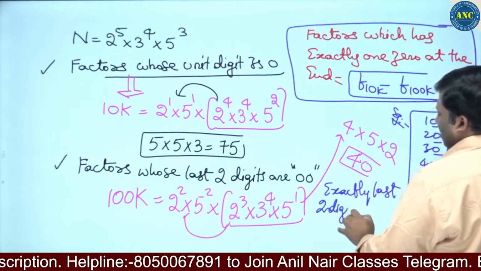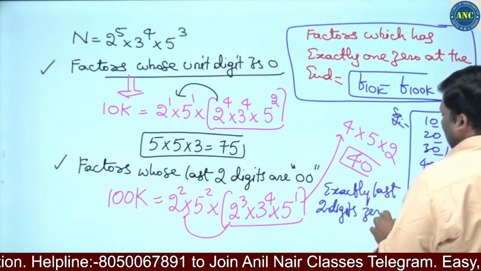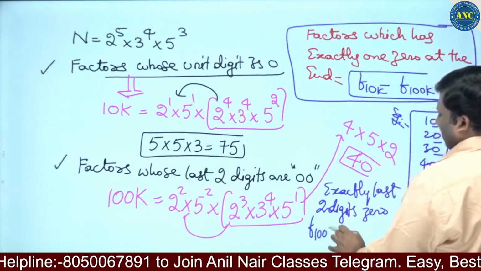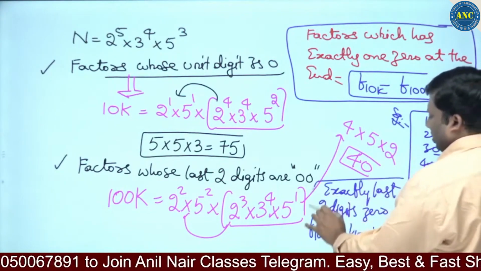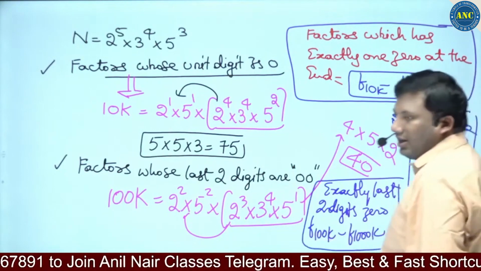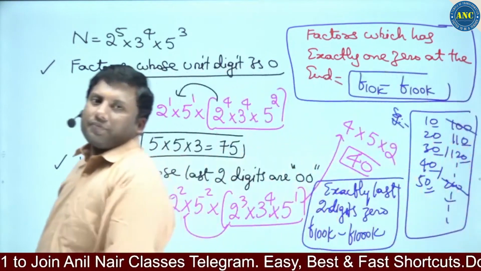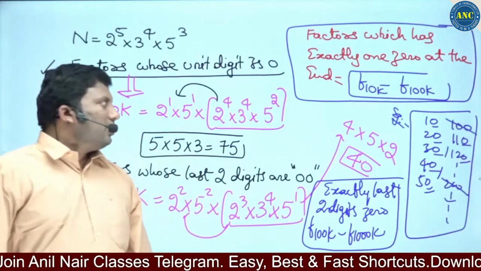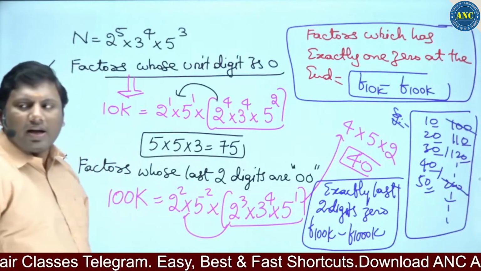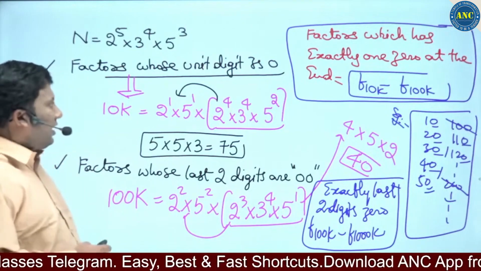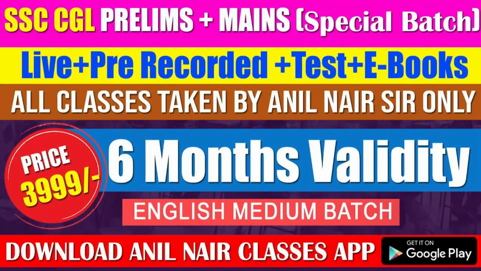Exactly last two digits 0 is factors which are multiples of 100 minus factors which are multiples of 1000. I hope the concept is clear. Very, very good question. This kind of question regularly comes in various examinations.